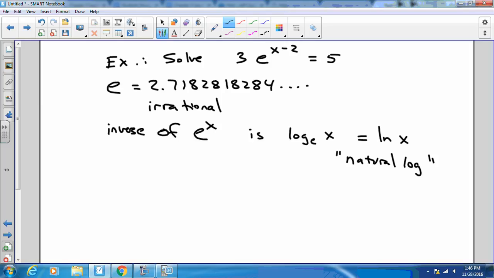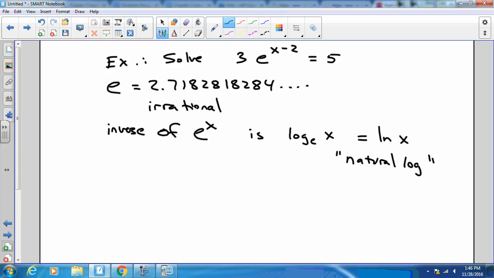And again, it's not clear yet why that's called natural, because it seems a little bit unnatural to be using such an irrational base. But when we explore the properties of natural log, you'll see why we actually prefer to use that base.